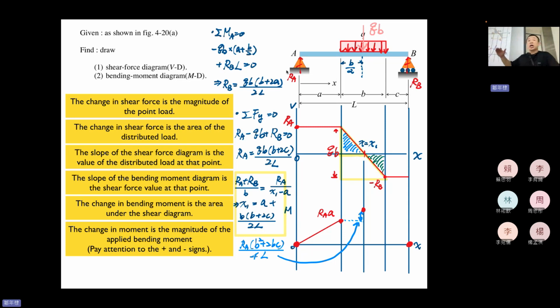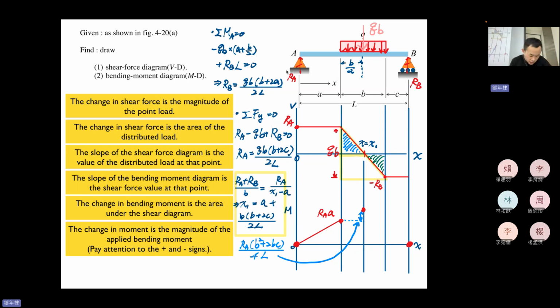Okay, the change in the value of the moment diagram will be equal to the area of the shear force. So the blue part, I wrote it down here. How to connect them? I believe you understand how to do that. You see, the slope of the bending moment diagram will be equal to the value of the shear force. So you see, the shear force decreases from RA to 0. So you will have a steep slope first and then become flat, 0 slope.